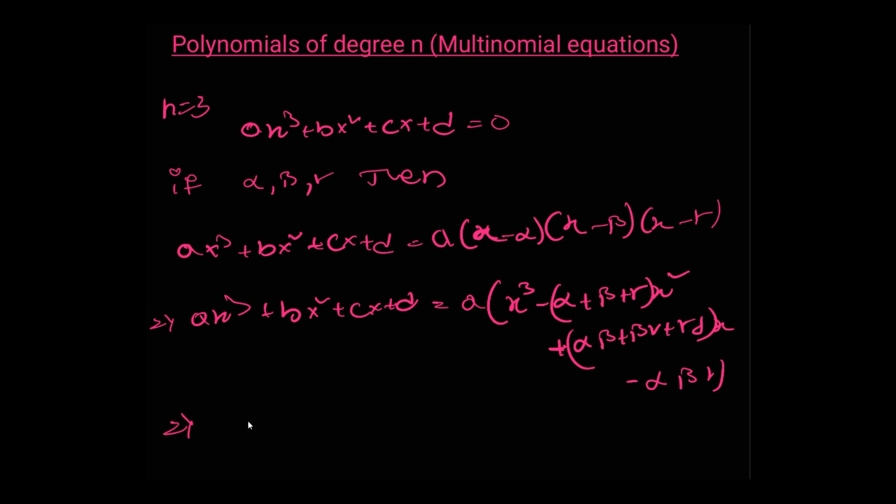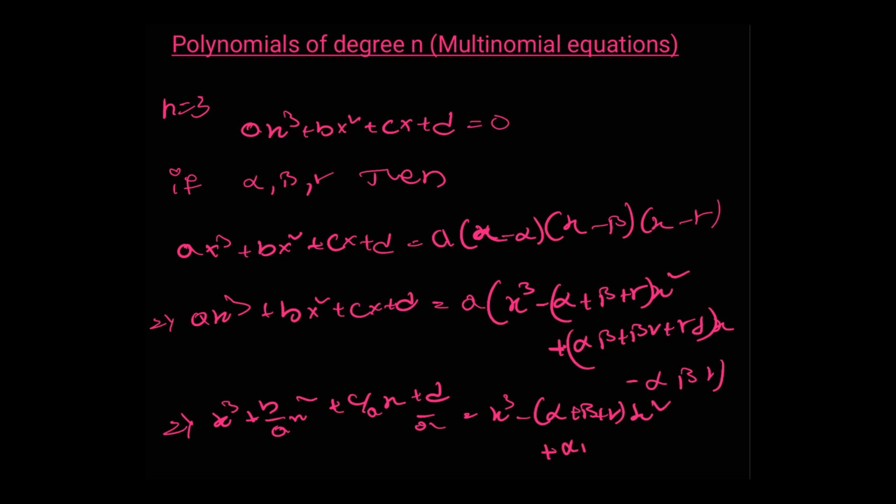that equals x cube plus b by a x square plus c by a x plus d by a equals x cube minus (alpha plus beta plus gamma) x square plus (alpha beta plus beta gamma plus gamma alpha) times x minus alpha beta gamma.